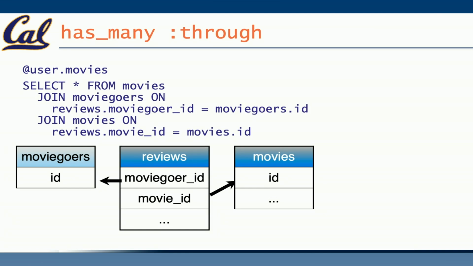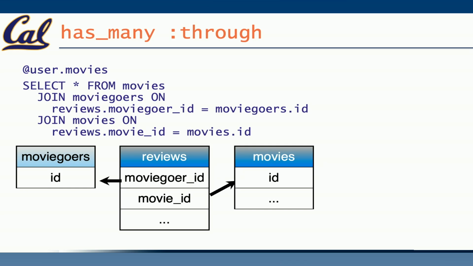So has many through. What does this look like in our SQL table? Well, the good thing is you don't have to memorize exactly how the SQL works, but essentially what Rails is going to do is select, in this case, we're asking for user.movies. So what are we selecting? We're selecting data from the movies table, so we get movie instances. And how do we find which movies? Well, we're joining on two different tables now.